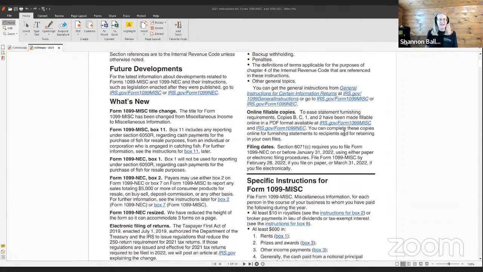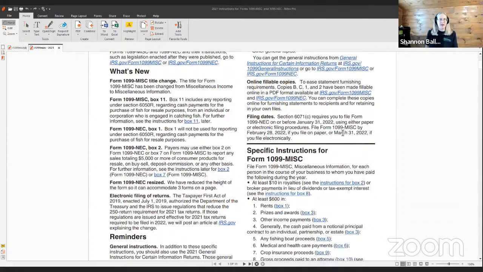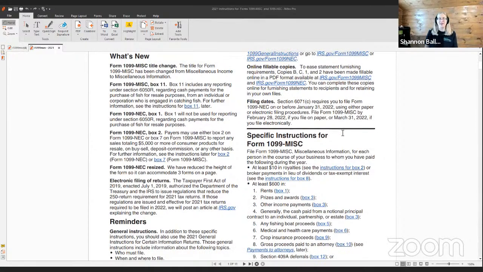Form 1099 NEC box 1 will not be used for reporting under section 6050R regarding cash payments for the purchase of fish for resale purposes. And as I just read, that's now going to be reported in box 11.